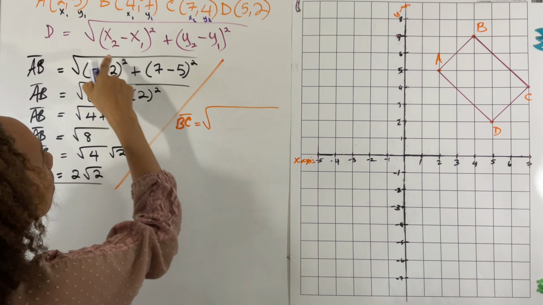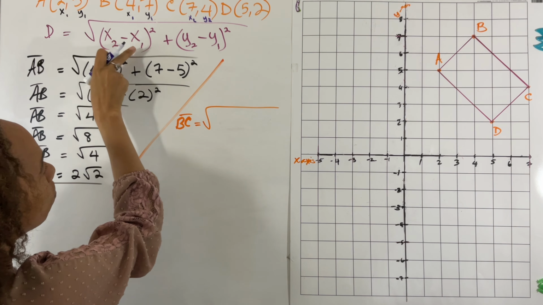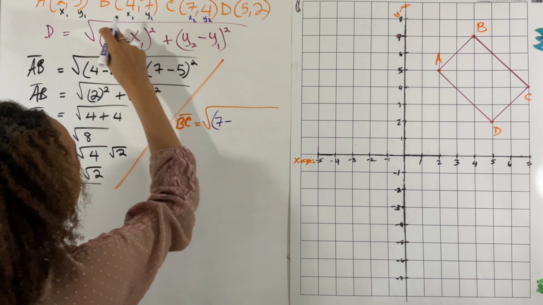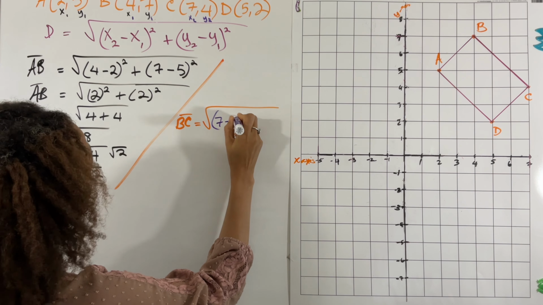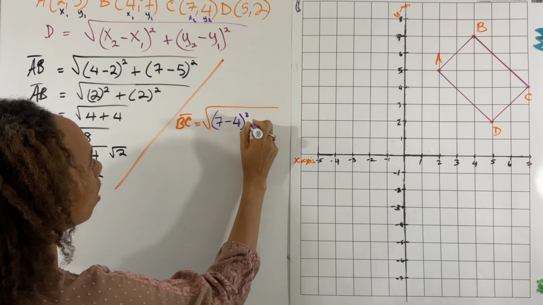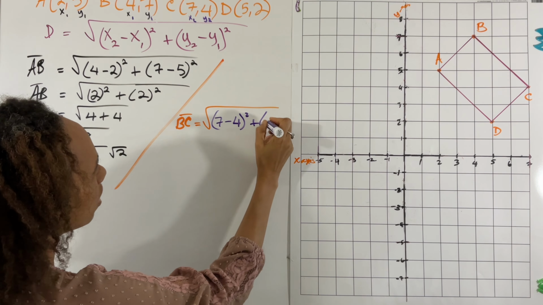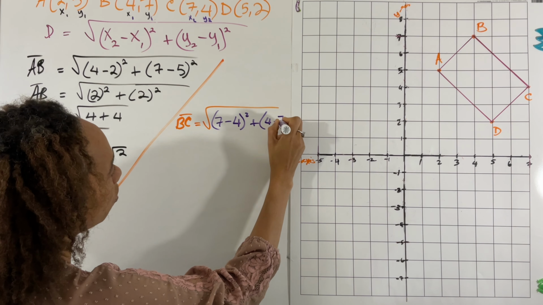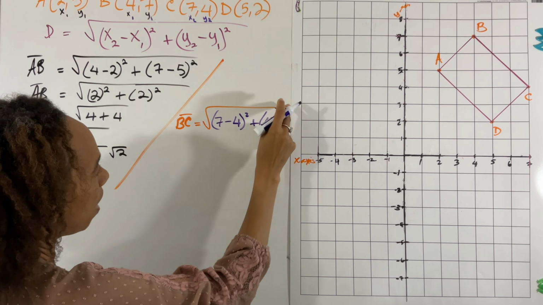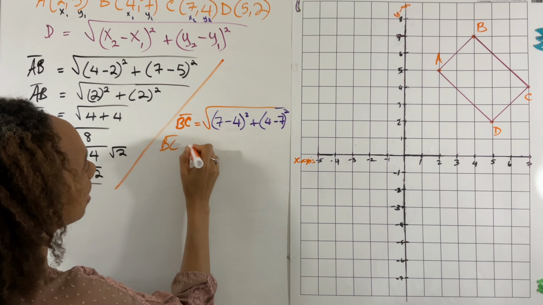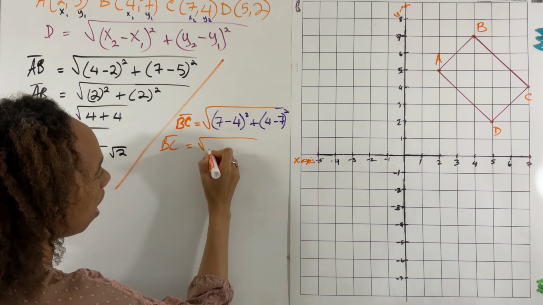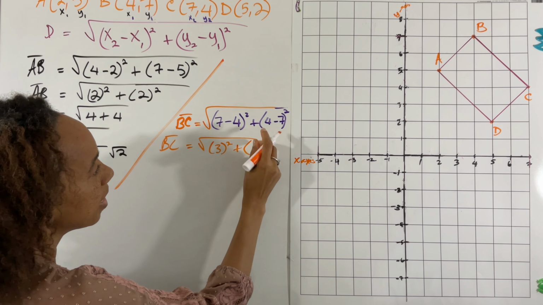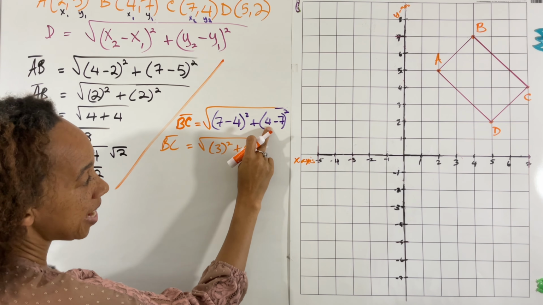From the formula, we have x2 here, which is 7. 7 minus x1, which is 4, so 7 minus 4 raised to the second power, plus y2 is 4, and y1 is 7, so raise that to the second power. Now we have segment BC is going to be the square root of 7 minus 4, which is 3 to the second power, plus negative 3 here.